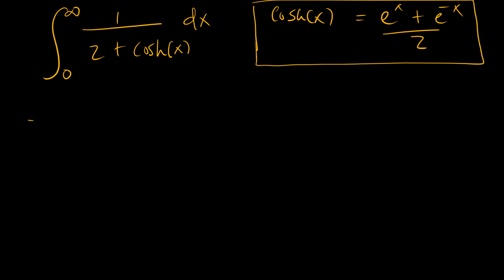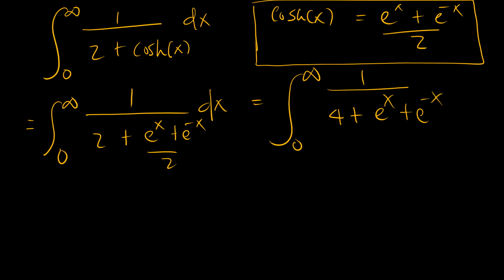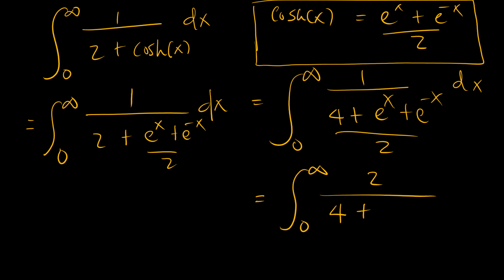Now, which means our problem is 0 to infinity of 1 over 2 plus e to the power x plus e to the power negative x over 2, which is the same as 0 to x tending to infinity of 1 over (4 plus e to the power x plus e to the power negative x) over 2. And that 2 goes up, and so we have 0 to x tending to infinity of 2 over 4 plus e to the power x plus e to the power negative x.